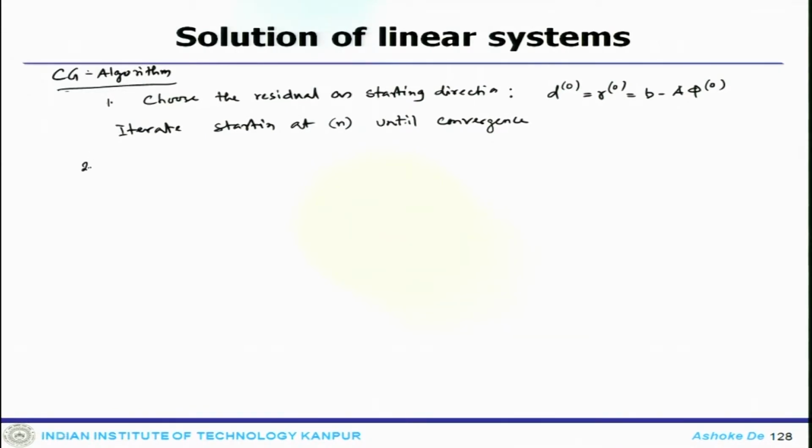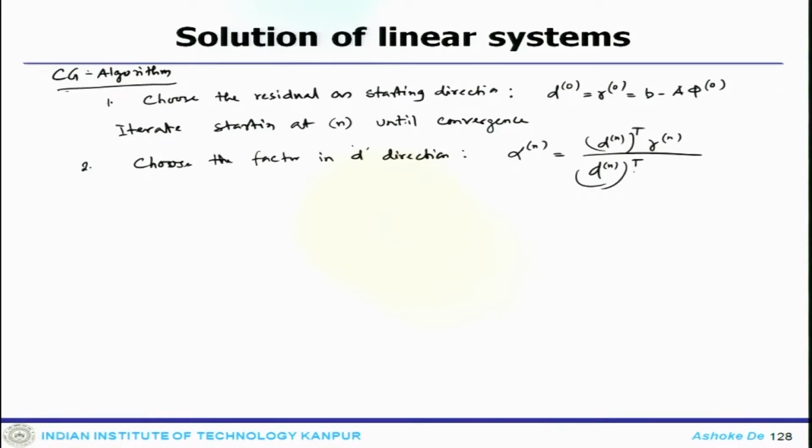So, the next step, you choose the factor in the D direction, like alpha n equals d n transpose R n divided by d n transpose A d n.